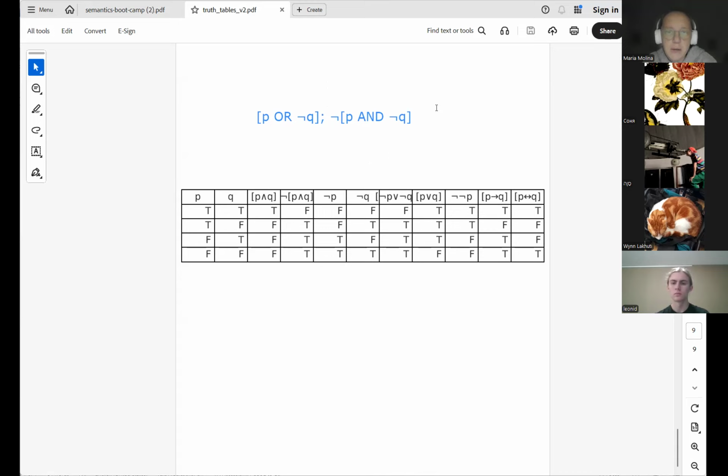Okay, we take the second formula and we apply De Morgan's law. What do we get if we apply De Morgan's law?